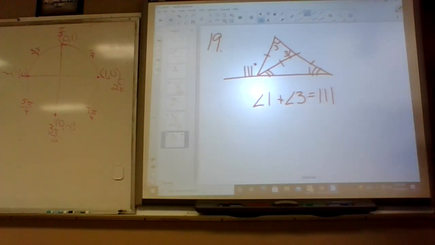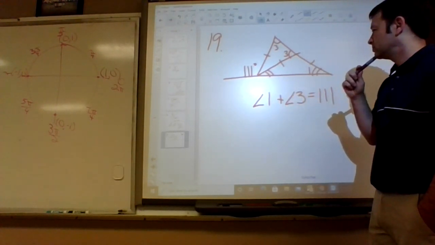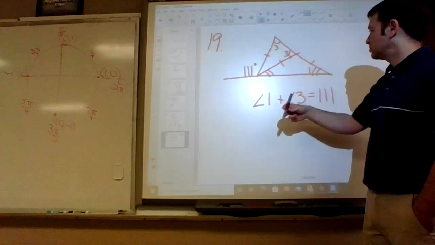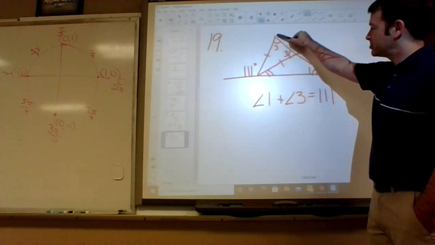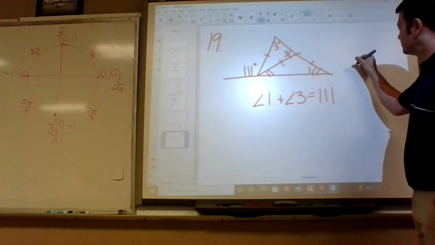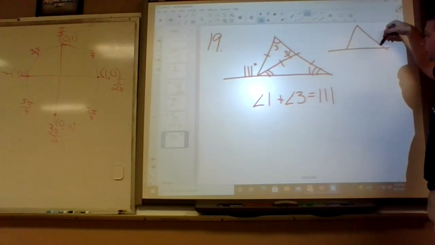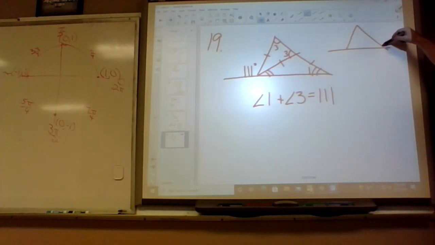What else do I know? Okay. That was angle 3 plus angle 3 equals 111. No, so I'm looking at this big triangle, right? Oh, yeah. An exterior angle is equal to the sum of the remote interior angles.